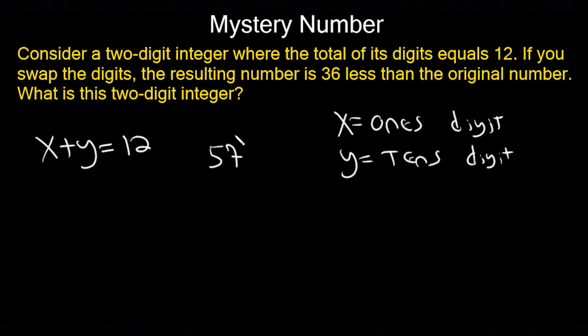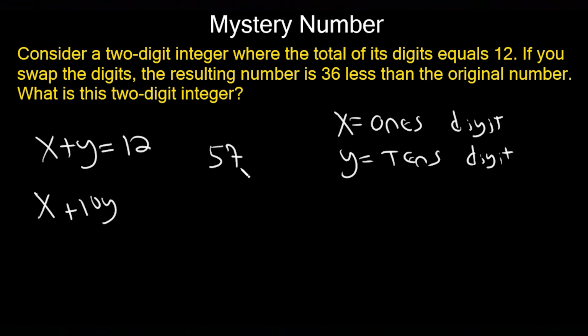Okay, so in other words, again, how can I come up with an expression to represent that number? Well, we know that the ones digit can be represented with 1 and the tens digit can be represented with 10. And so this may or may not be obvious, but you could actually create an expression the following way. You could say x or 1x plus 10y. And that will give us that two-digit integer.